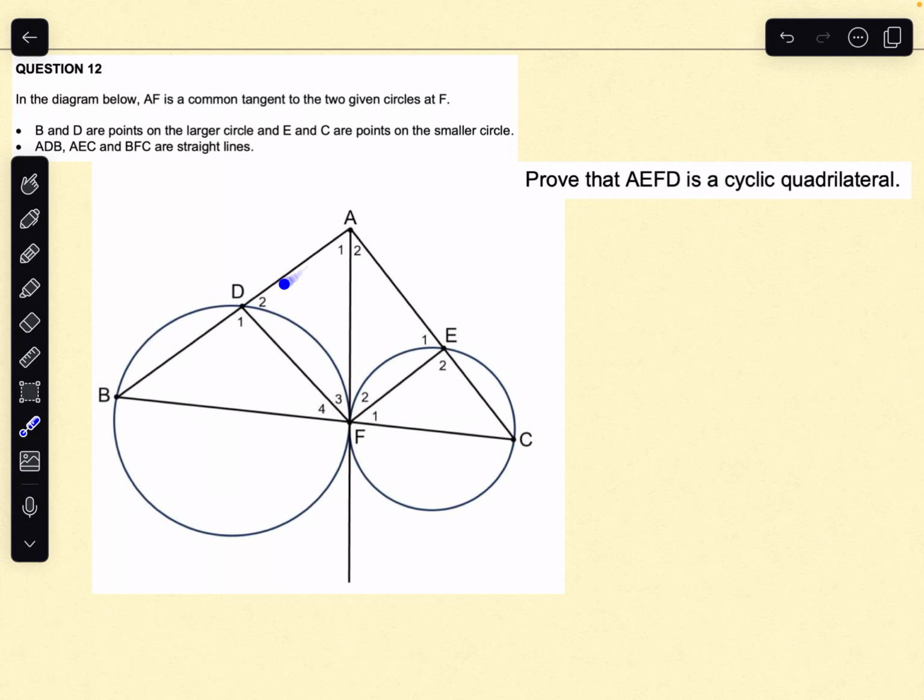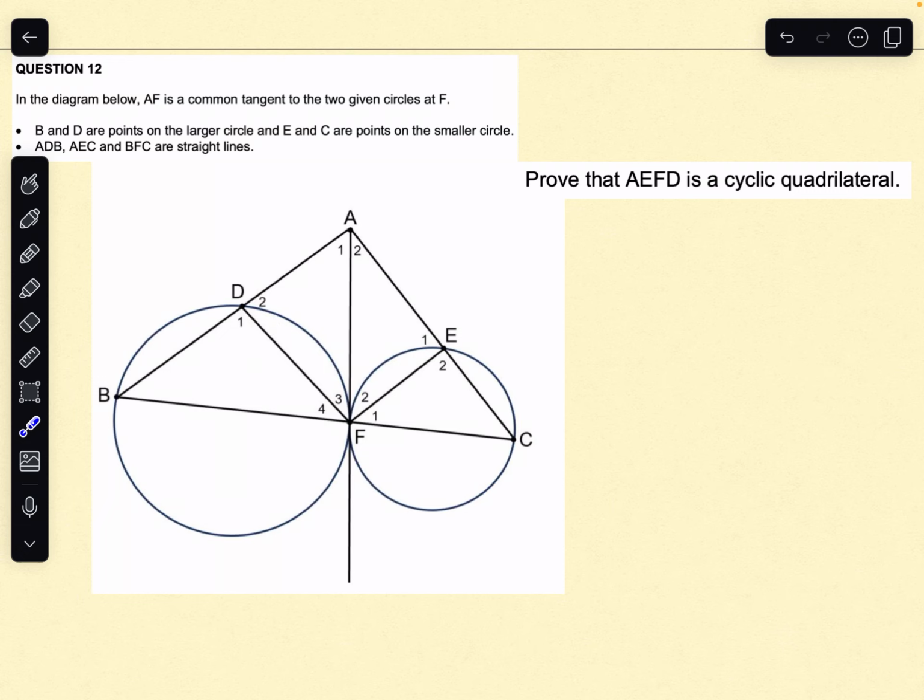So to prove that this is a cyclic quad, we have 2.5 possible routes, right? Route 1 would be to show that either of the opposite angles is supplementary. So this plus this is 180, or this plus this is 180.